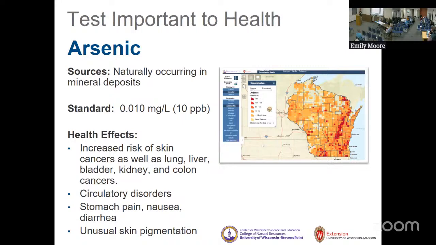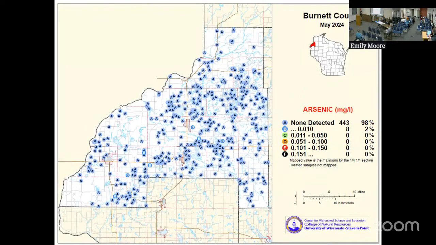So as a result, the DNR recommends every well be tested for arsenic at least once. That standard is 0.010 milligrams per liter. You'll notice some of the health effects listed here, mainly certain types of cancers that can develop from long-term exposure to elevated levels. The good news is that arsenic doesn't appear to be very common in Burnett County.